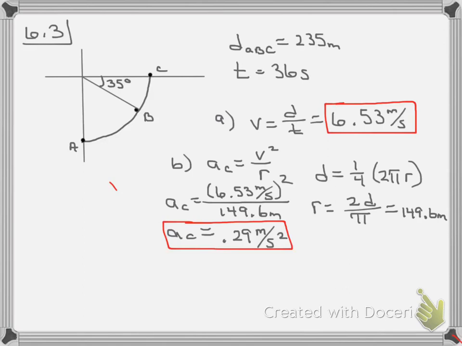Lastly, we're asked to write that centripetal acceleration in its i hat, j hat vector form. So the centripetal acceleration points along the radius in this way.